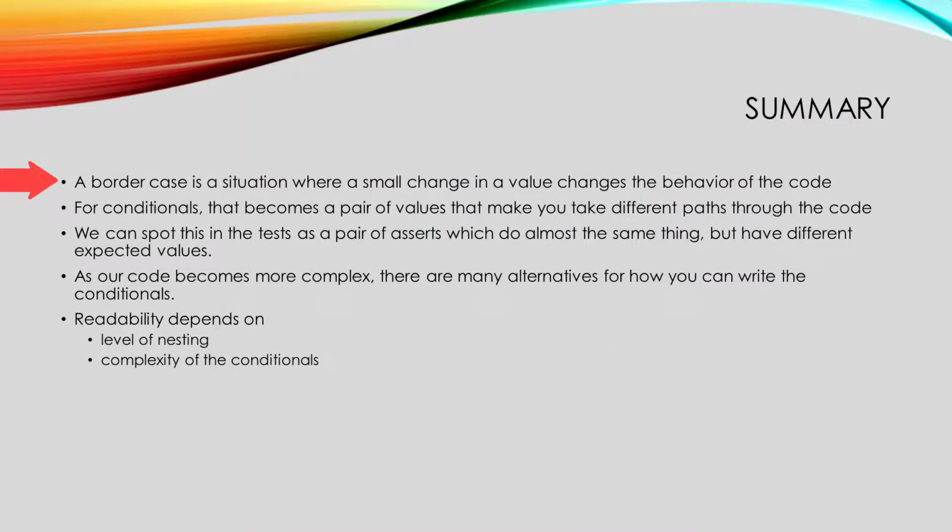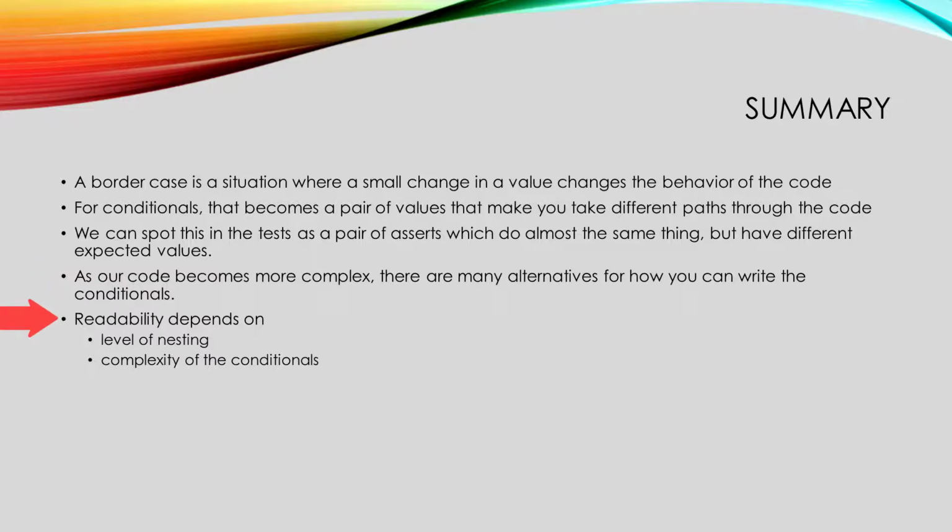So a border case is a situation where a little change in a value makes a big difference in the behavior of the code. For conditionals, that's a pair of values that take different paths through the code. We can spot them in the tests as pairs of asserts which do almost the same thing but have different expected values. And as our code becomes more complex, there are a lot of alternatives for how you could write the conditionals.